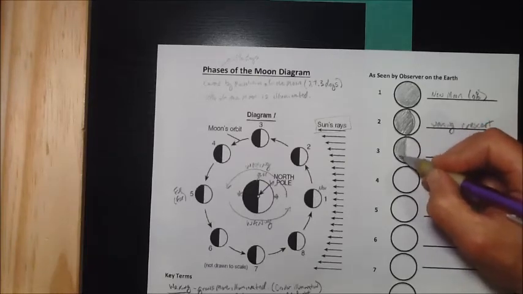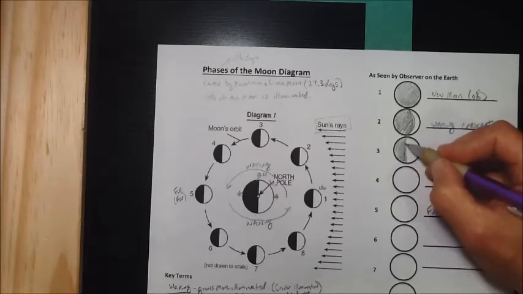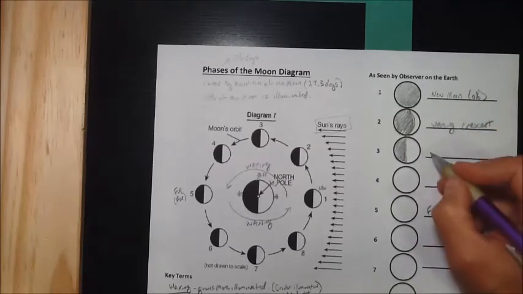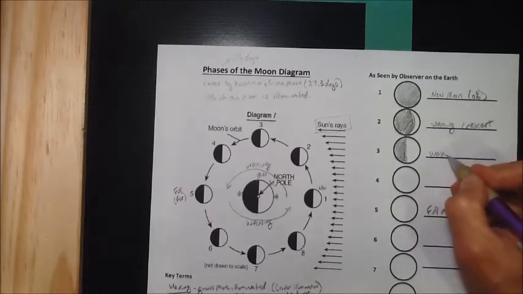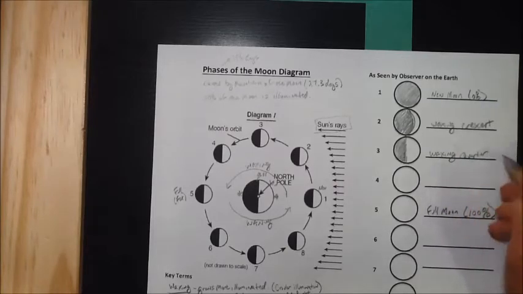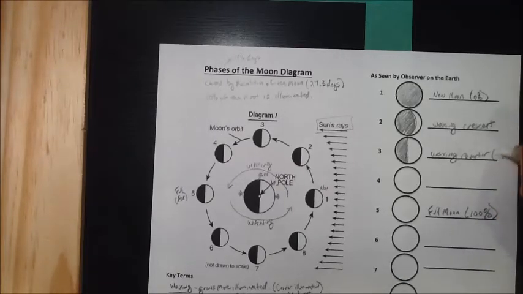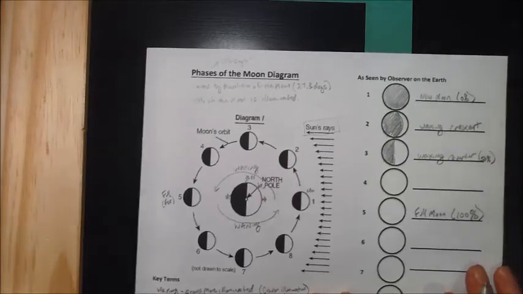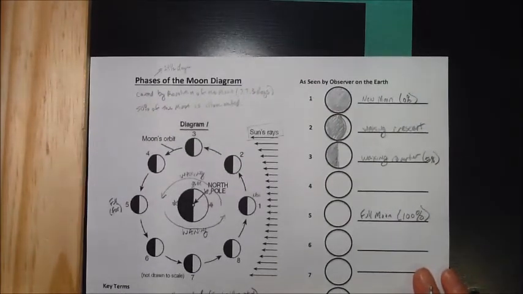You might want to call this a half moon, but that's not the correct term. This would be called the waxing quarter. Frequently people think it's 25% of the surface of the moon, but actually a quarter phase is 50% illumination.